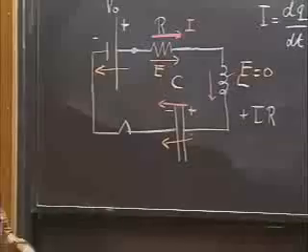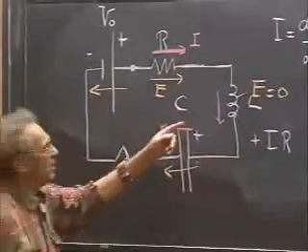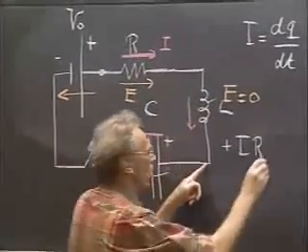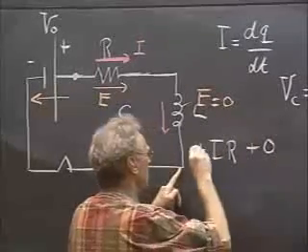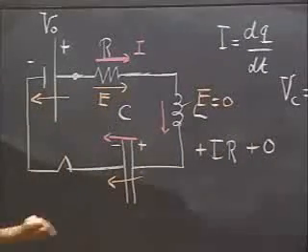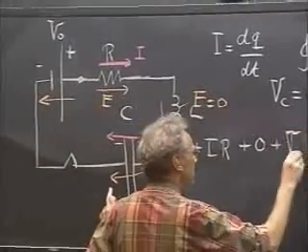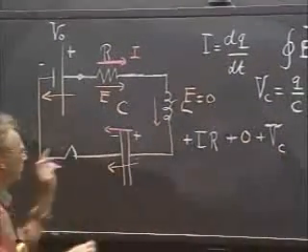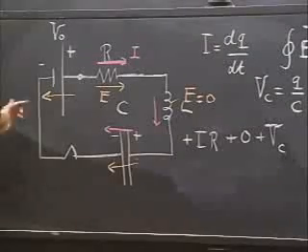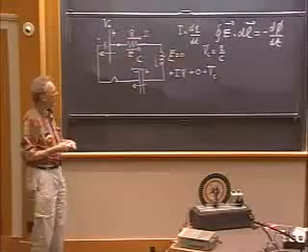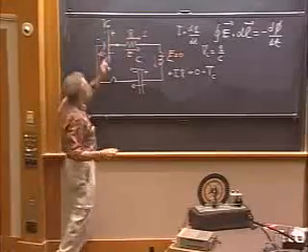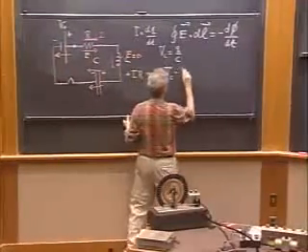Going through the self-inductor, the integral E dot dl from here to here is 0, because there is no electric field inside the self-inductor. Going from here to here, I get plus V_C. That is what we call the potential difference over the capacitor. Here the electric field is opposing me. I walk into the electric field, so E dot dl is negative, and this is minus V0.